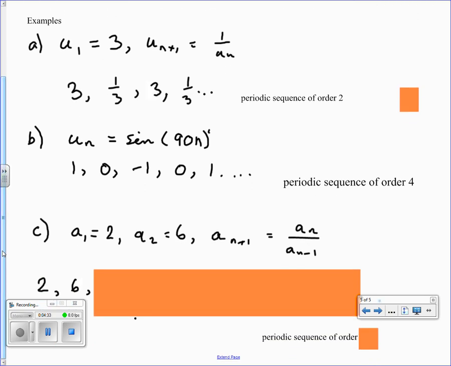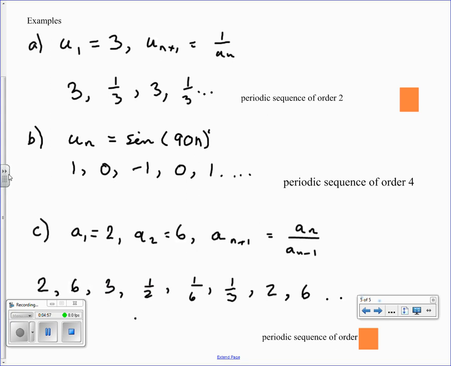Here's a less obvious one. For this one, you're told the first 2 terms. And then the next term is found by the one you've just had divided by the one before that. Think about this one. So we've got 2, 6. The next one would be 6 over 2.